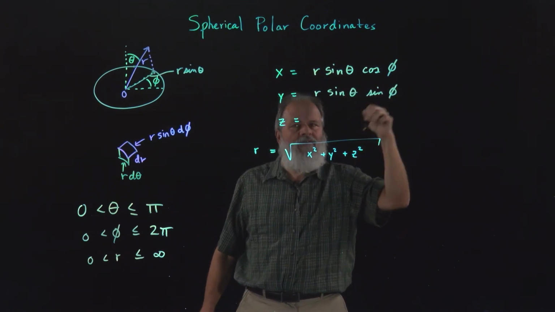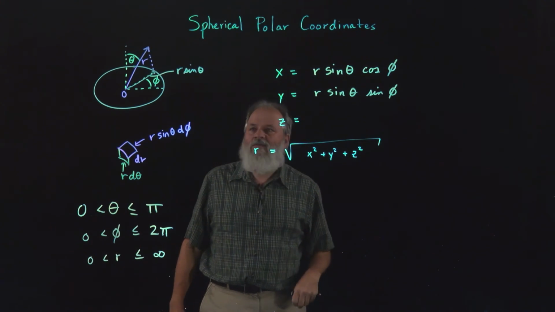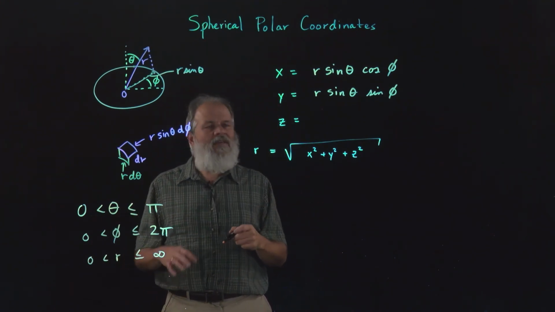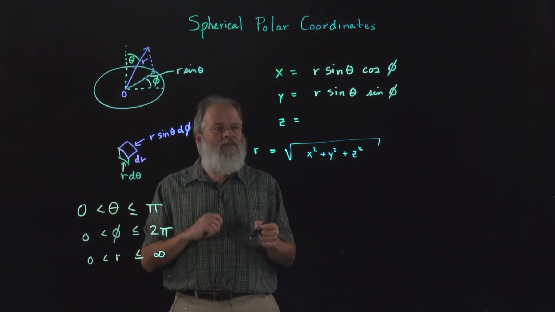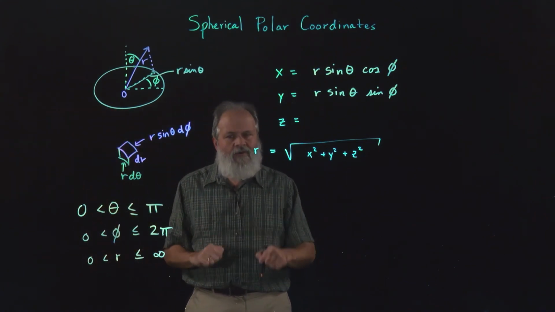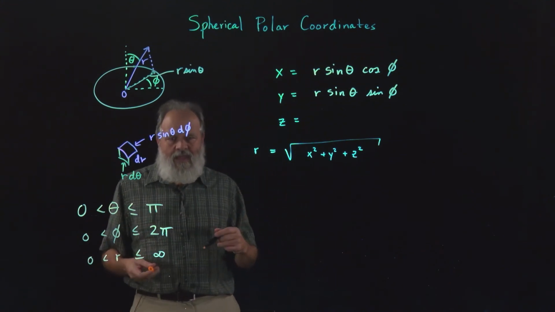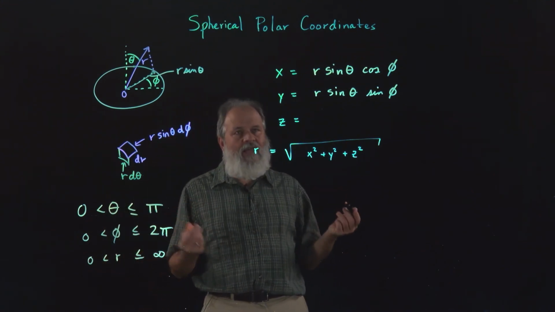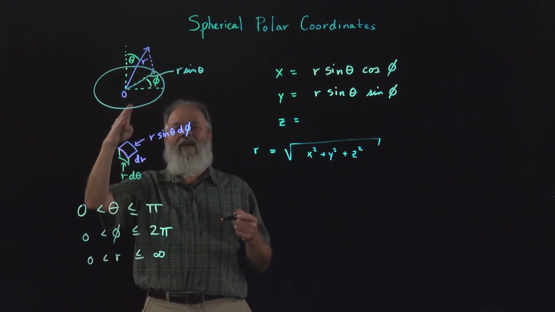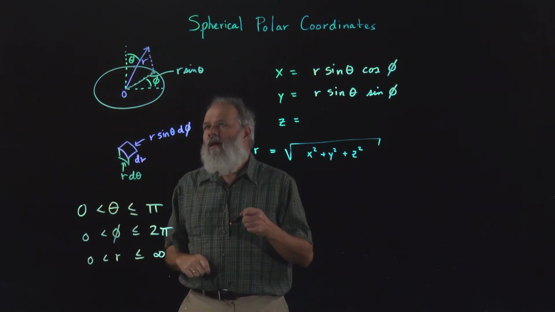Now usually you don't have to do these interconversions to x, y, and z, but you do need to understand that there are some transformations that have to take place if you want to convert one to the other. Now z is rather simple in spherical polar coordinates, and that's important because the math is simpler for the z coordinate than for the x and the y, because for the z coordinate, it's just the length of the vector r times cosine theta.